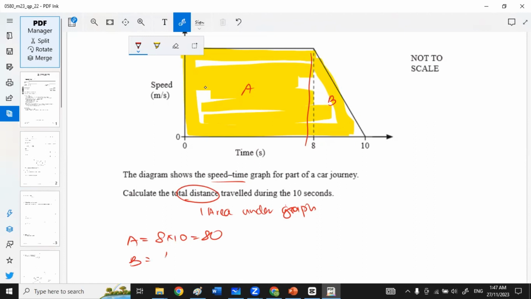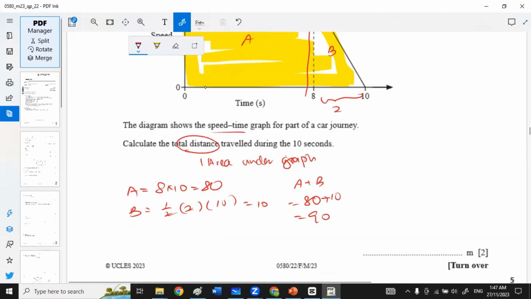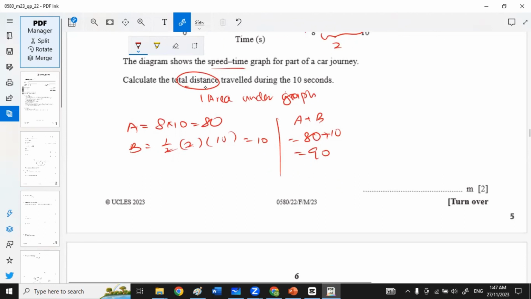And B is equal to half times this is 2, so it's 2 times the height, which is 10. That will give you 10. So A plus B gives you 80 plus 10 equals 90. So the distance is equal to 90.